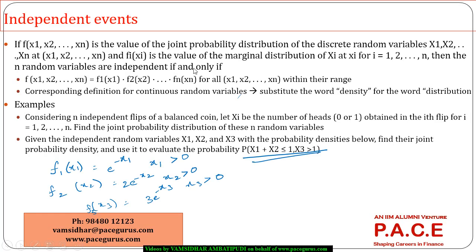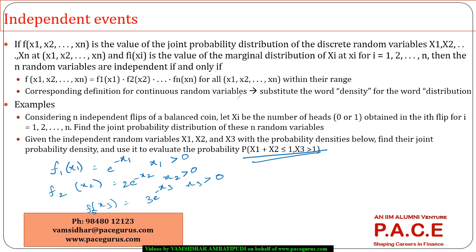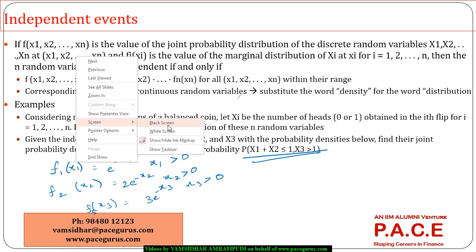Given the independent random variables x1, x2, x3, because they are independent, I can very well consider f of x1 comma x2 comma x3 as f1 of x1 multiplied by f2 of x2 multiplied by f3 of x3.